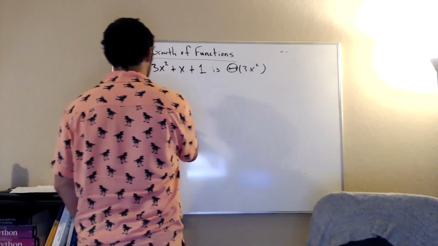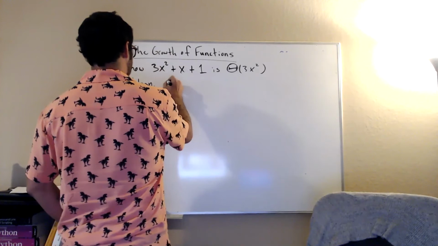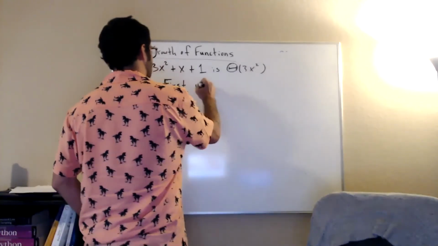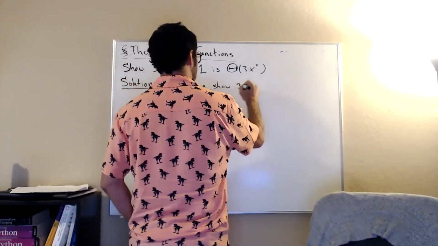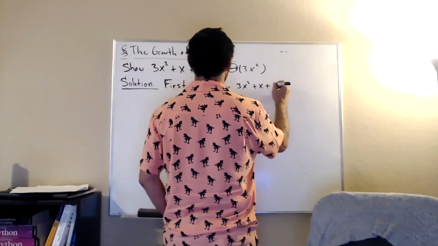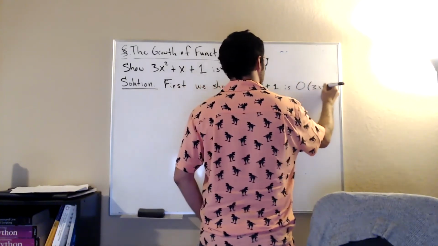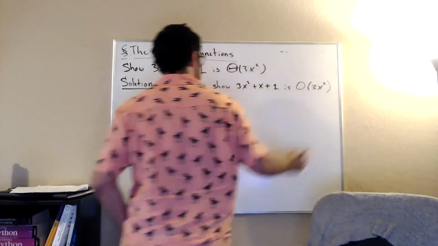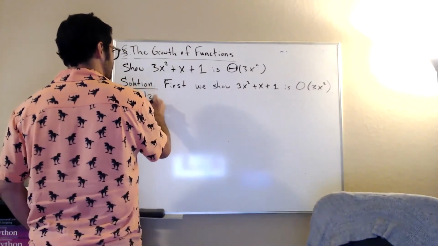So maybe first we show 3 times x squared plus x plus 1 is big O of 3x squared. To do that, look at the absolute value.